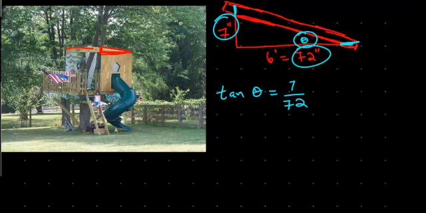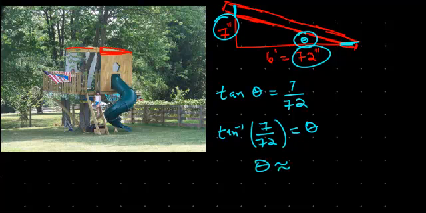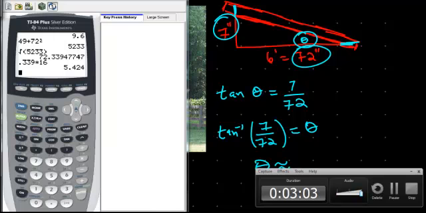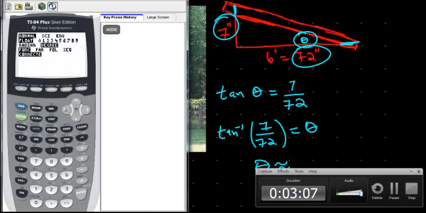So tangent of theta equals 7 over 72. And that's going to give me that the inverse tangent of 7 over 72 equals my angle theta. Let me see what mode I'm in.